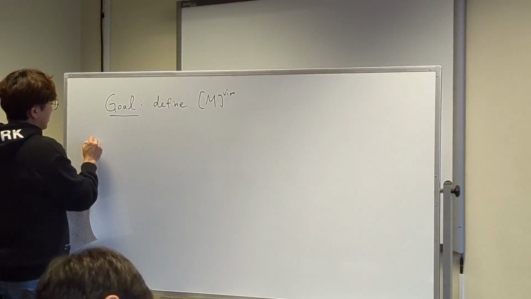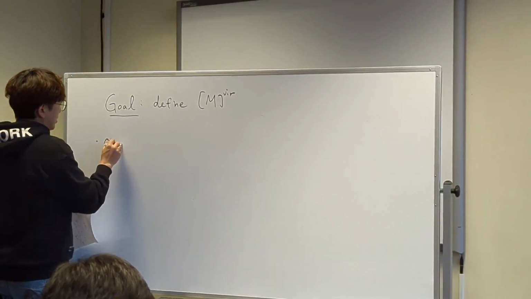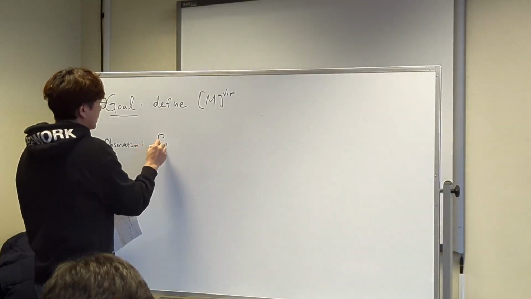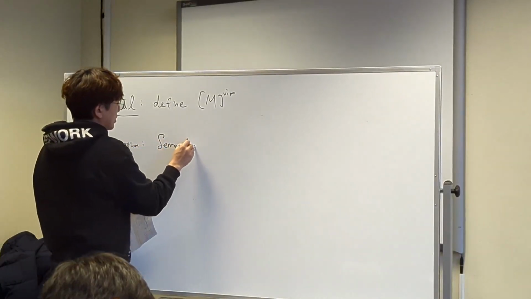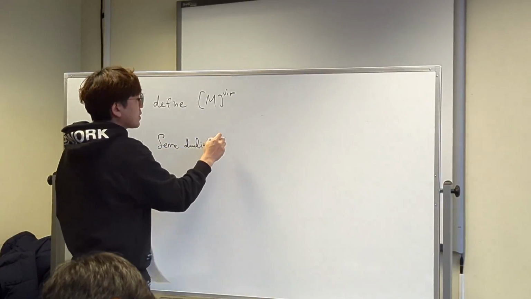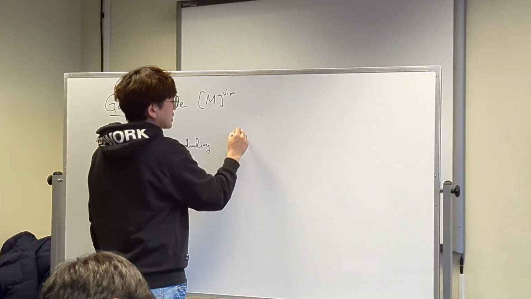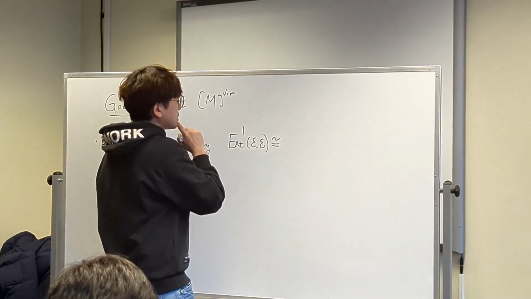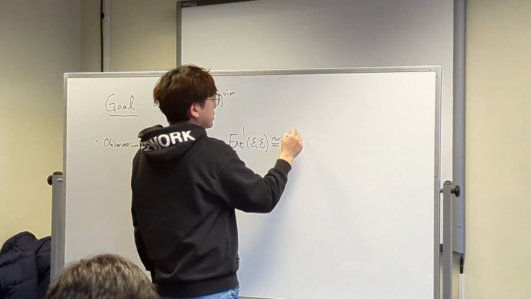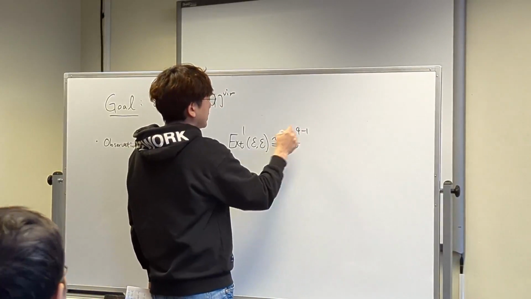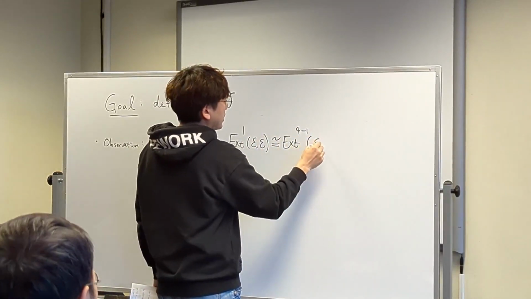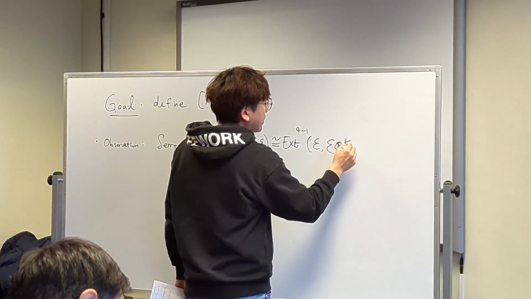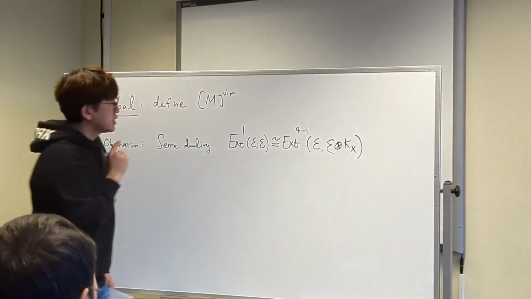We observe by Serre duality that x1 is isomorphic to the dual of x2, where this is the dimension of our space and this is one, exchanging and dualizing with a shift.